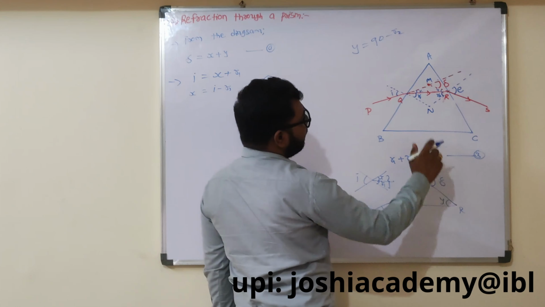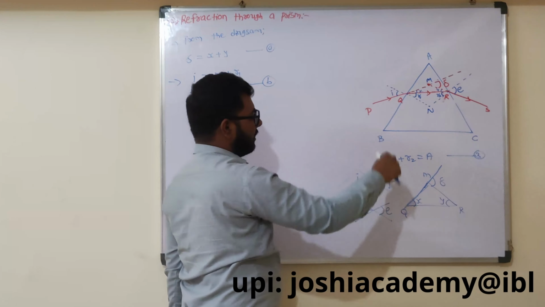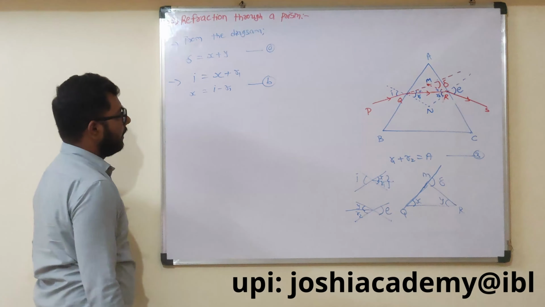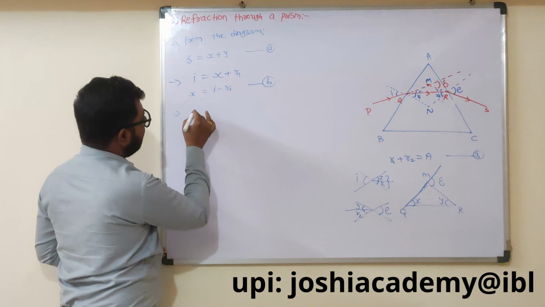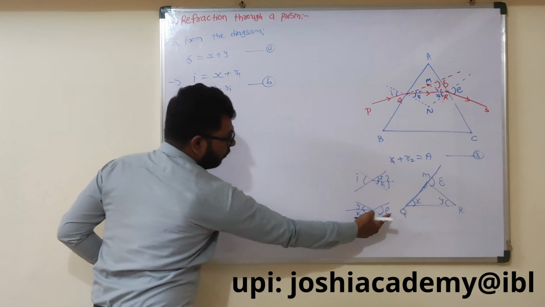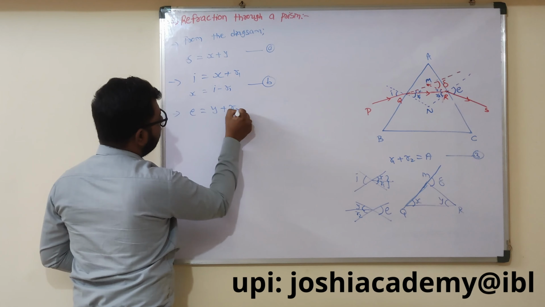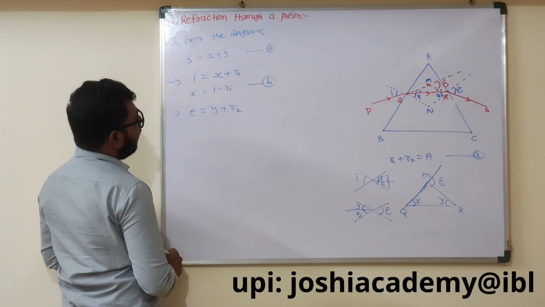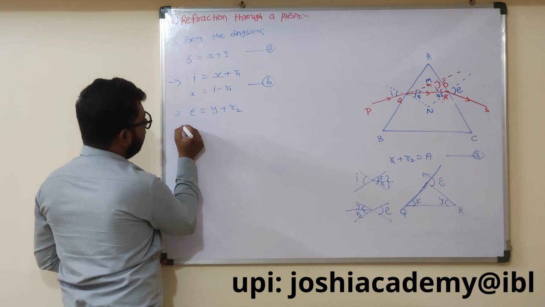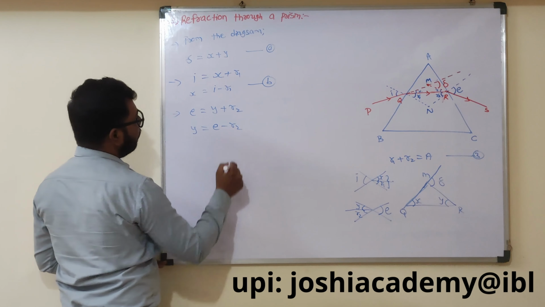Clear? But instead of that, we are just going to consider x and y. Now this e is equal to y plus r2. Now I need y, so y is equal to e minus r2.